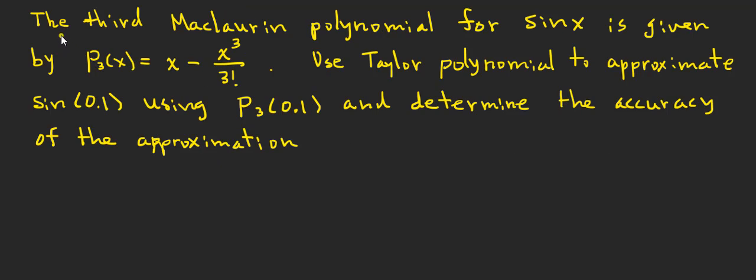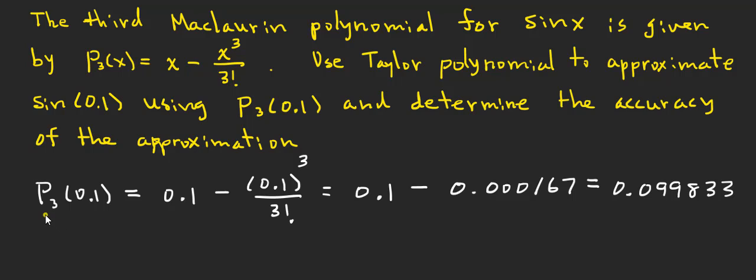It says the third Maclaurin polynomial for sine of x is given by p sub 3 of x equals x minus x cubed over 3 factorial. Use the Taylor polynomial to approximate sine of 0.1 using p sub 3 of 0.1 and determine the accuracy of the approximation.